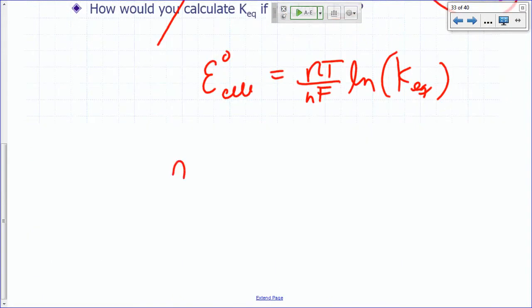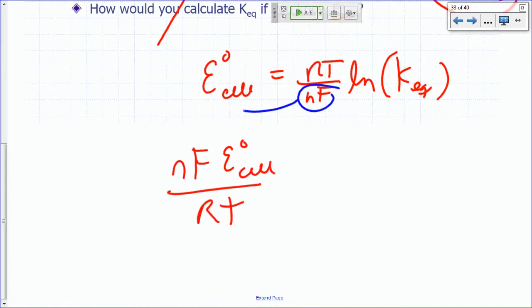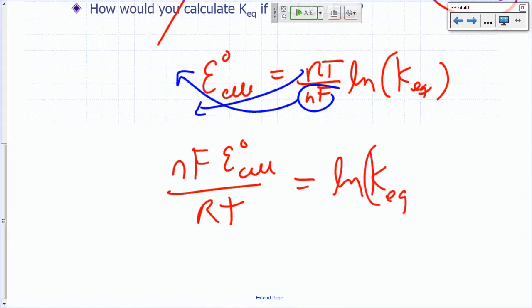And so I can solve for KEQ. It's going to be NF E naught cell over RT. I'm just going to rearrange this, move this over there and move this down here. This is the natural log of KEQ. And then I just take the anti-log of this to get my actual KEQ.